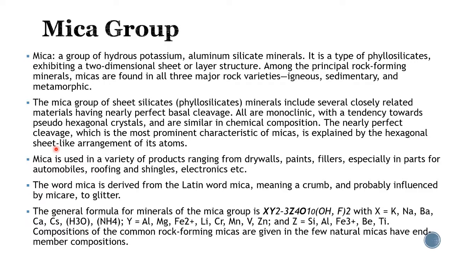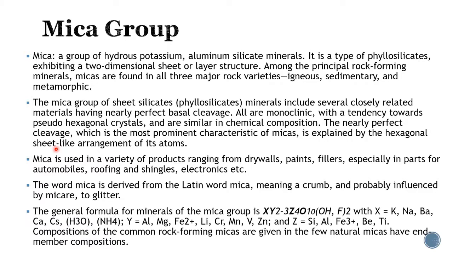It's a type of phyllosilicate, of course, exhibiting a two-dimensional sheet or layer structure. Among the principal rock-forming minerals, micas are found in all three major varieties, either igneous, sedimentary, or metamorphic. So this is very common.